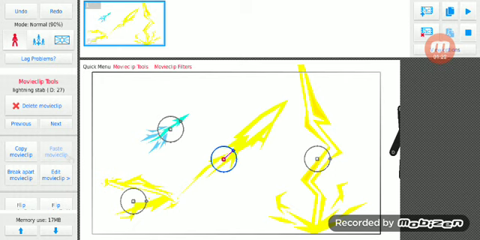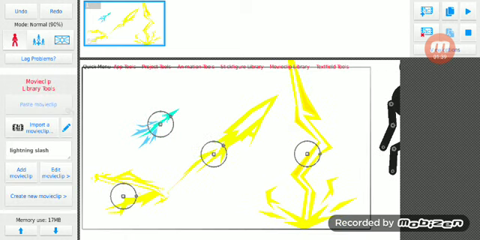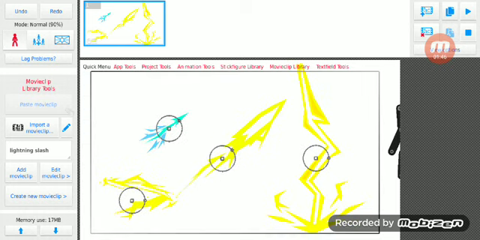You don't have to do it this way, but I do it this way because I don't want to have to worry about startup frames. Basically, these things happen on frame zero or frame one. And when I'm thinking of a part of something, because all these are the moves for the next part of something, I just want the move to come out. I don't want to have to predict the move or schedule its movement in which it comes out, which is something I have to do, but I don't want to.